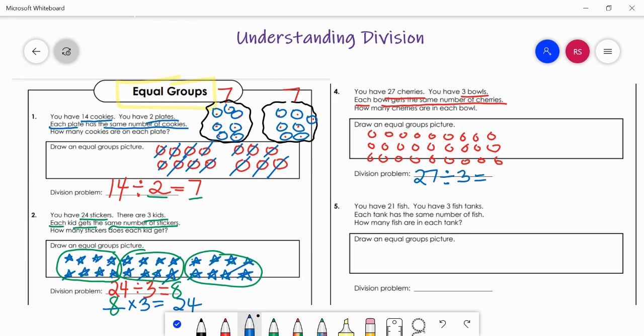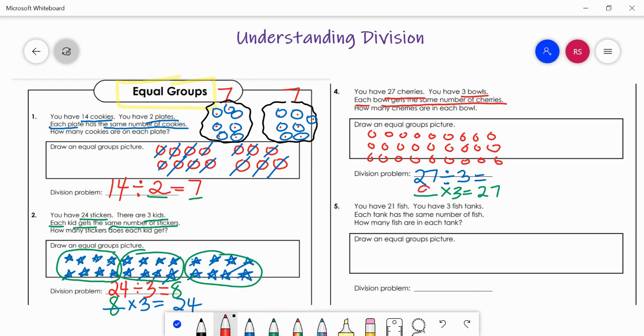You might be saying to yourself, Mrs. Rossi, I don't know what 27 divided by 3 is. That's okay, because I guarantee you can tell me something that you can multiply by 3 to get you 27, because by now we know our multiplication facts. So what do we multiply by 3 to get 27? Think about this for a second.